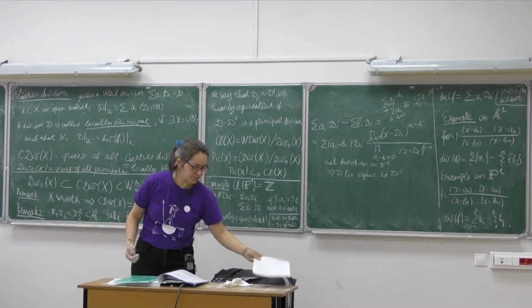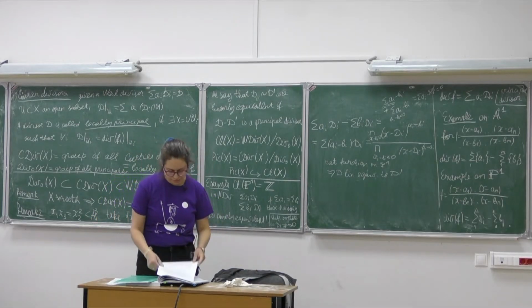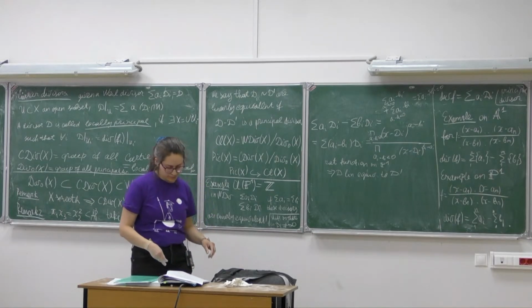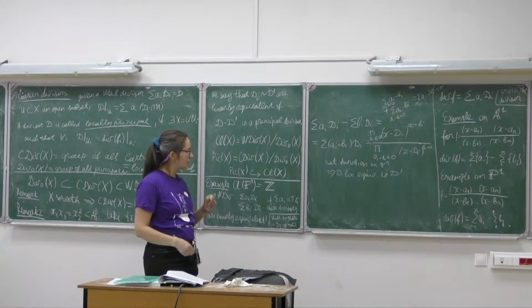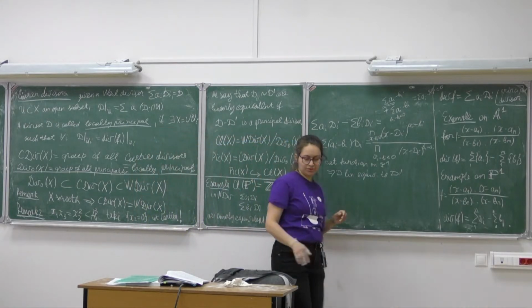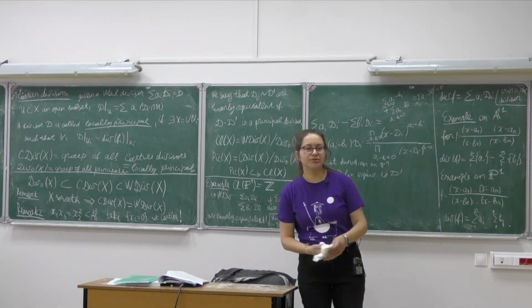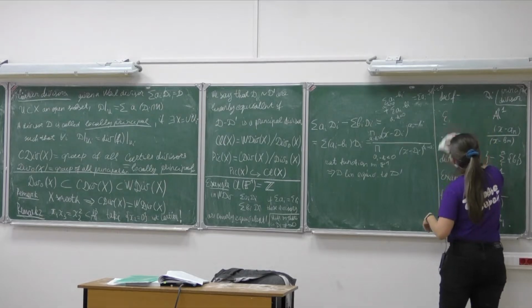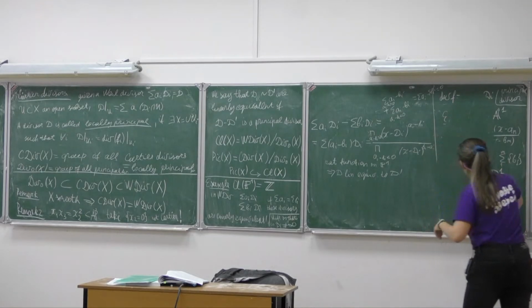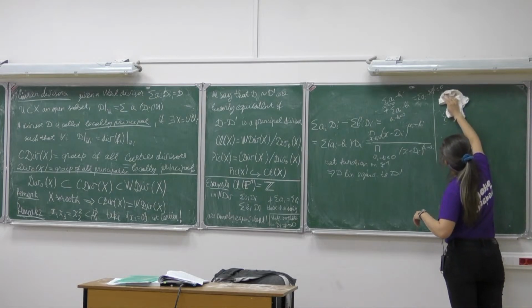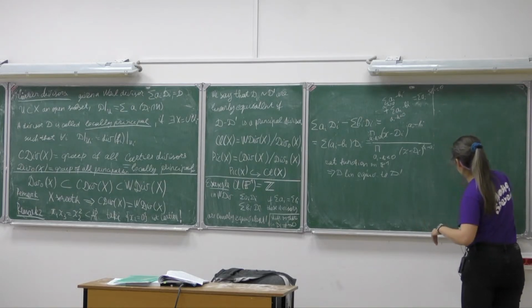Okay. Now I think I want to use two facts from commutative algebra without proof, and I want to explain how we can find the class group of an algebraic variety.